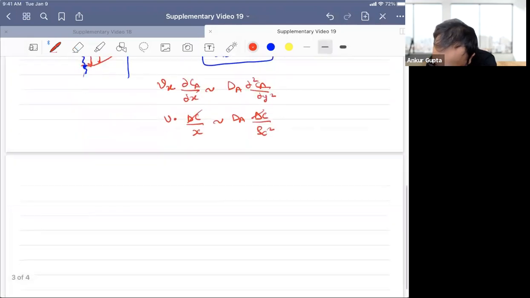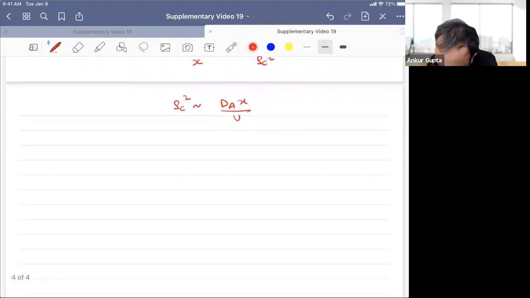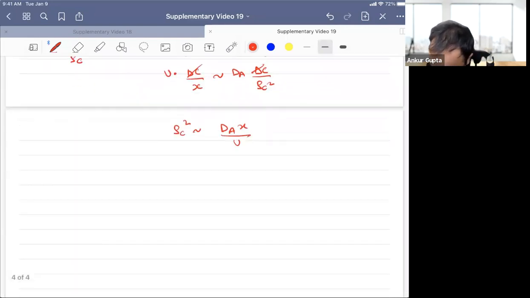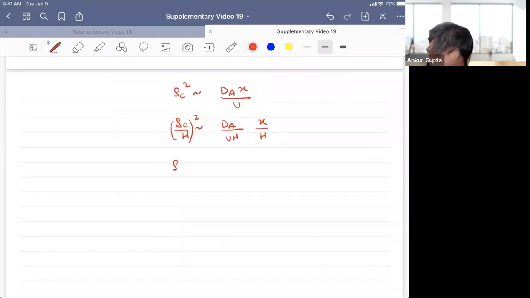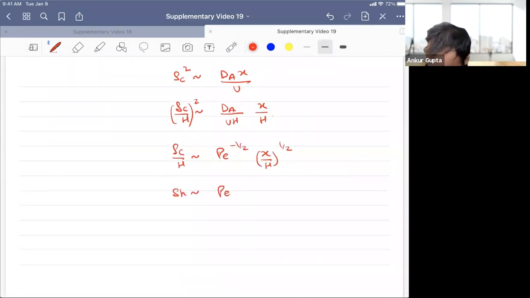This gets cancelled, so our delta C scales as D A x by U delta C squared, and in this case the Sherwood number would be h by delta C. We want to find delta C by h, or D A by U h times x by h. So finally delta C by h becomes the factor to the power minus 1/2 times x by h to the power 1/2, or the Sherwood number becomes the factor to the power 1/2 times h by x to the power minus 1/2.